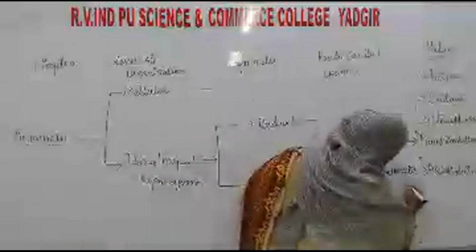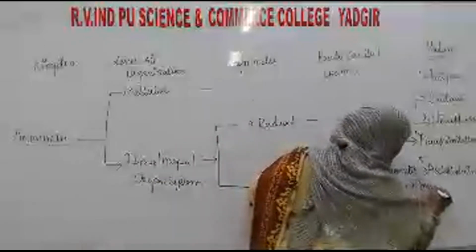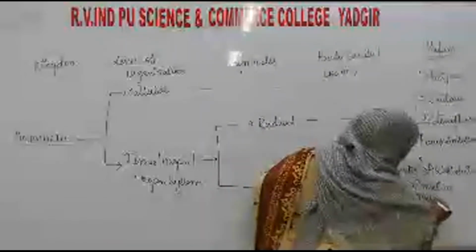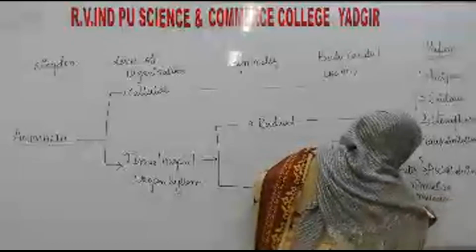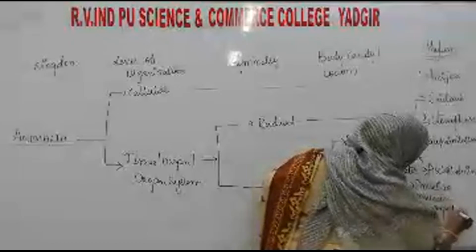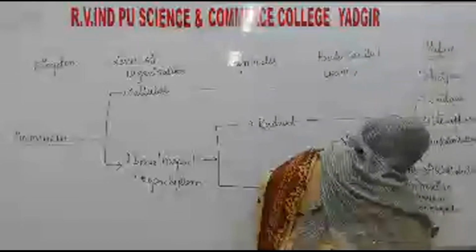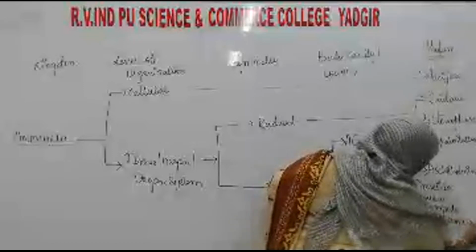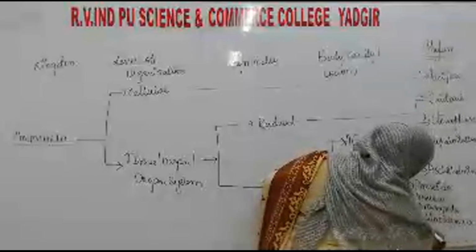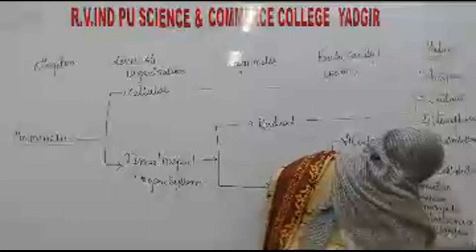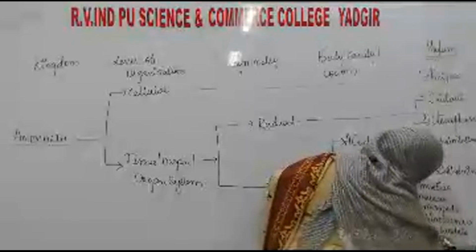What are they? Annelida, Mollusca or mollusks, Arthropoda, Echinodermata, Hemichordata, and the next, that is the Chordata.